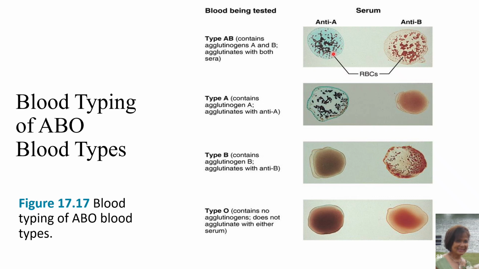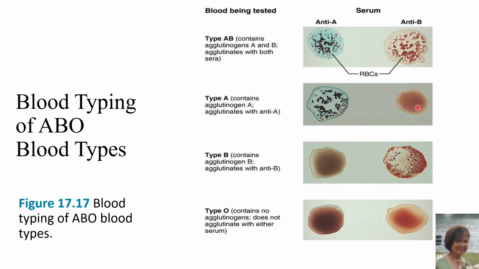A blood that has antigen A is blood type A. So if you put antibody A in a blood and it agglutinates, the blood has antigen A. If you put antibody B into this blood and it also agglutinates, then both A and B are present, so that's blood type AB.